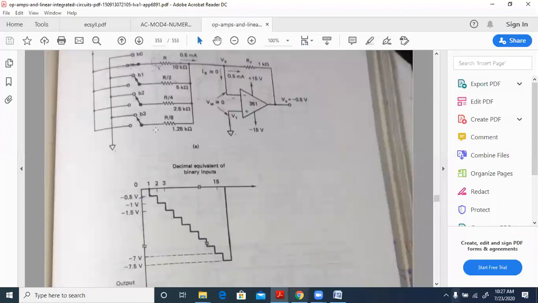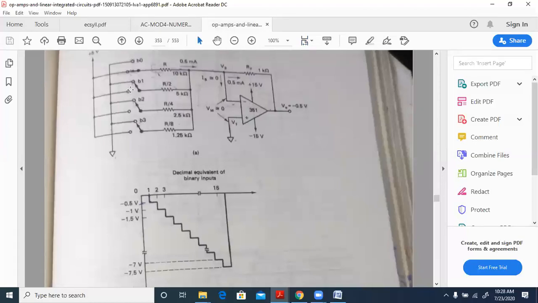So if the R value is given to us and V reference is given to us, this is the V reference value, which is 5 volts. V reference divided by R multiplied by RF will give you the step size.